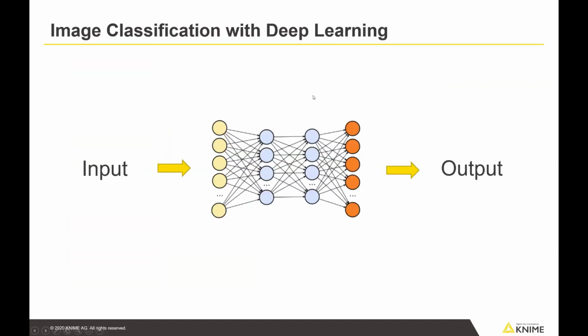How does this work or how could this work in deep learning? Usually you have to think about three parts. First is the input, how this looks like. Then here in the middle, we have the network. So we need to set up a specific network architecture to solve our task. And then we need to define how the output should look like. Let's start with looking at the input.